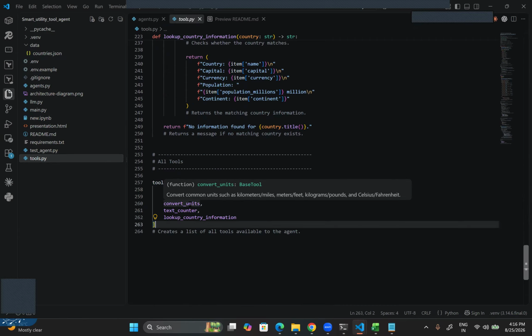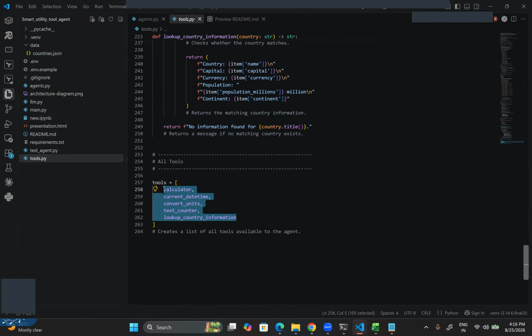Now all five decorated functions get collected into a single list. This particular list gets handed to the LLM.